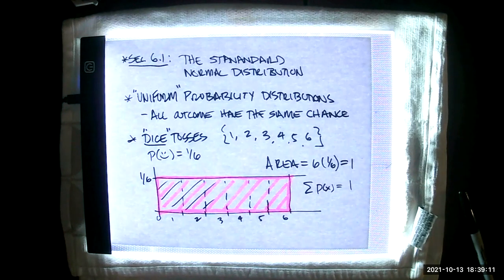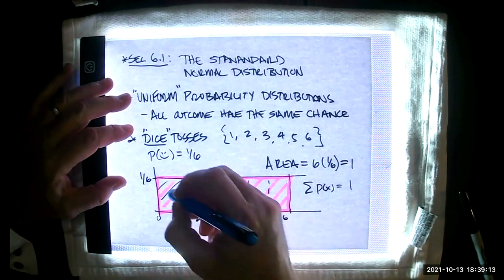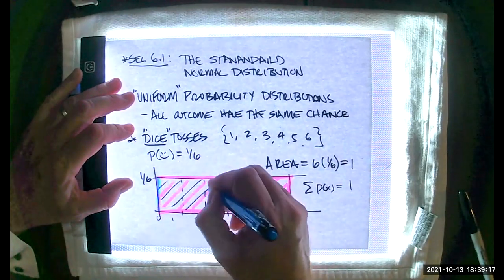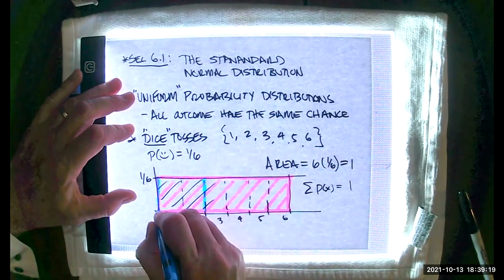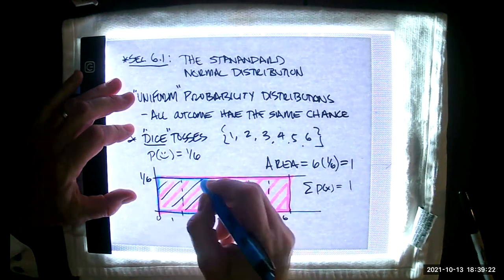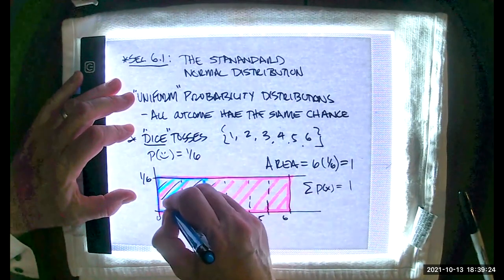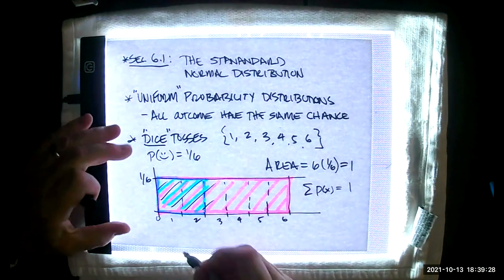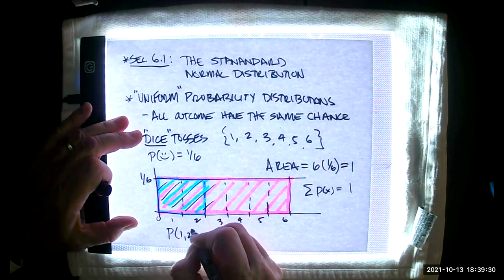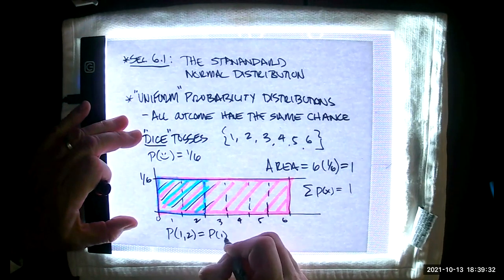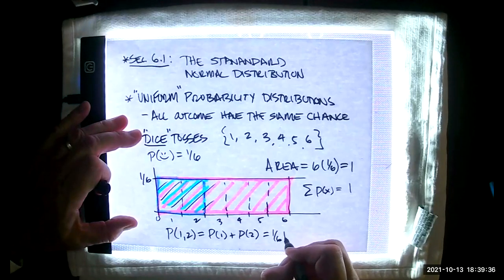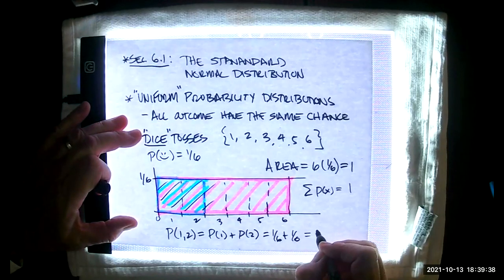Furthermore, I can use pieces of the area to find the probability of particular outcomes. The probability of either a 1 or a 2, I can find by summing these two areas. So the probability of a 1 or a 2, literally adding those up, just like we did way back when, gives us another way of looking at this.